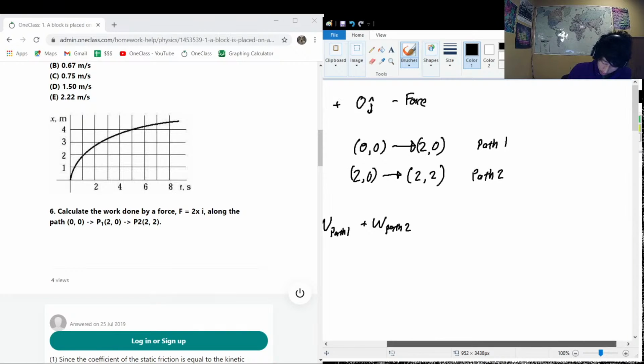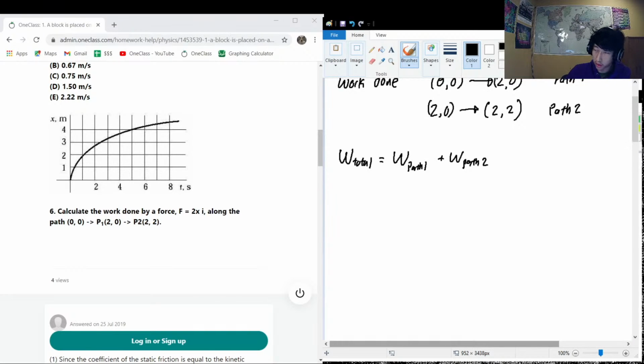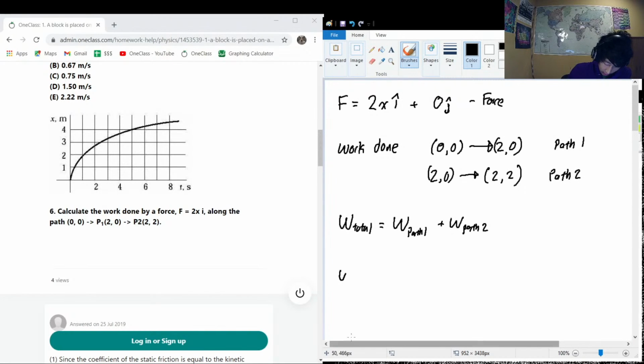So to find the work, we know that work is equal to the force. Oh, that's a vector force. Dot product the vector distance between the 2 points.